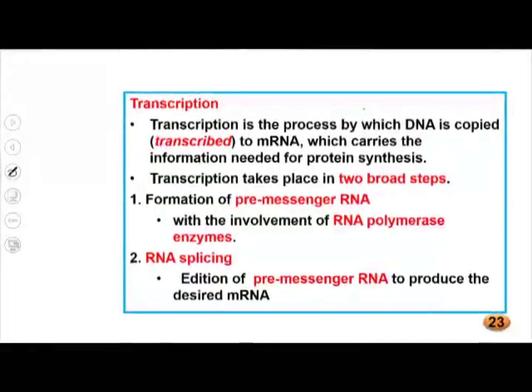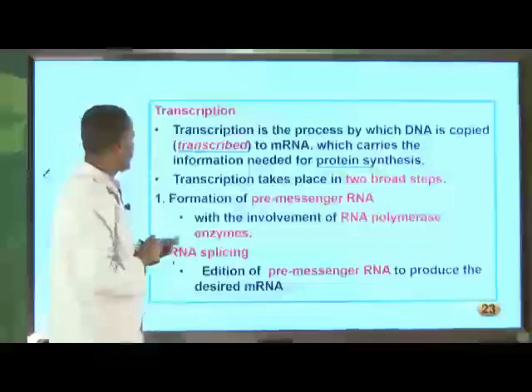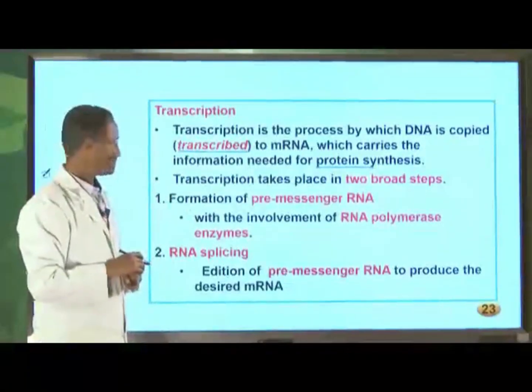Transcription is the process by which DNA is copied, or copying of DNA means transcription, or transcribed to messenger RNA, which carries information needed for protein synthesis. Here, transcription takes place in 2 broad steps.